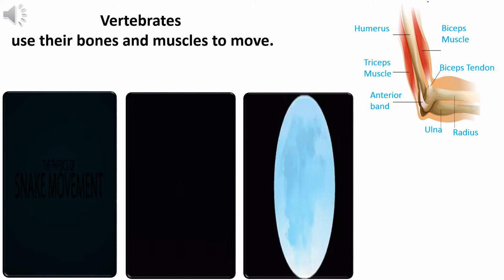When the bicep muscle contracts, the tricep muscle will expand. So it will help us to bend our elbow. Likewise, when the bicep muscle relaxes and the tricep muscle contracts, it will help us to stretch our arms. The next slide will help you to understand how the animals move.